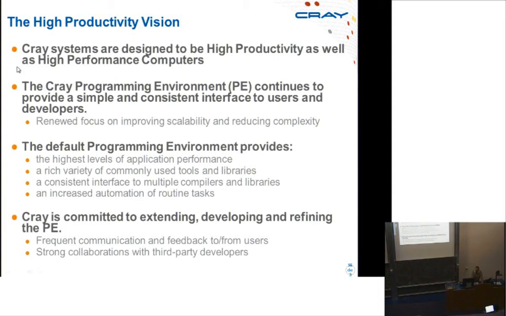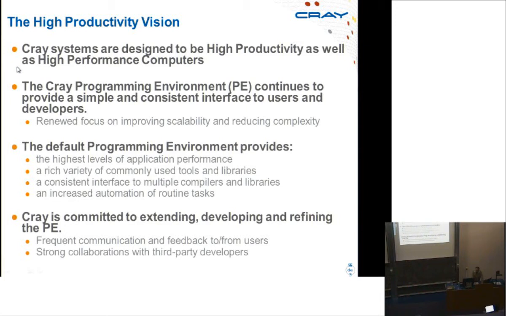So we continue to develop the Cray programming environment as a simple and consistent interface to users. And it's designed to allow users to scale to the largest processor counts they can and reduce the complexity required to do that. And this is a continued vision between XE6 and XE30.